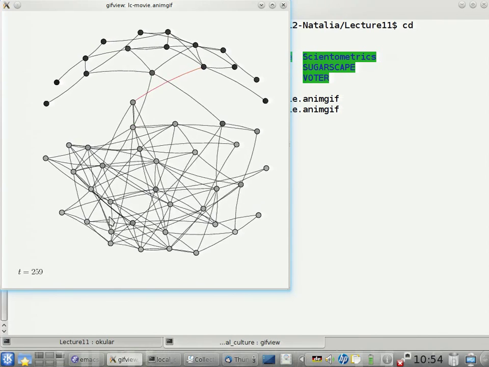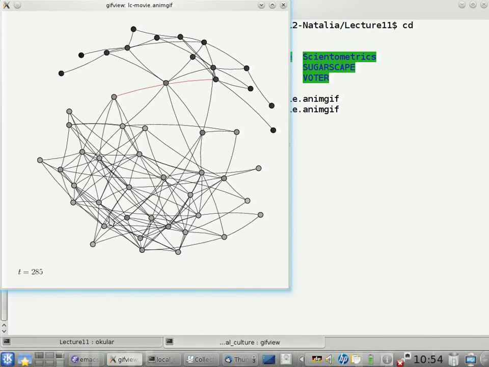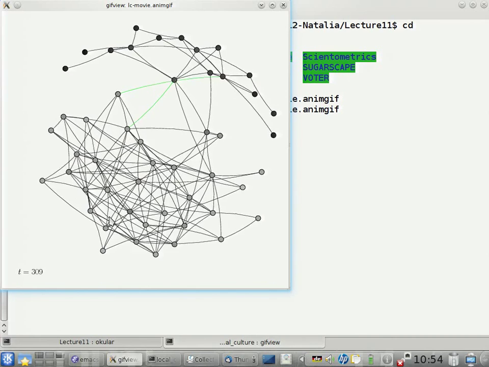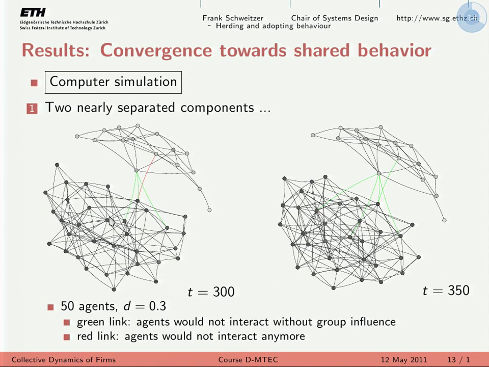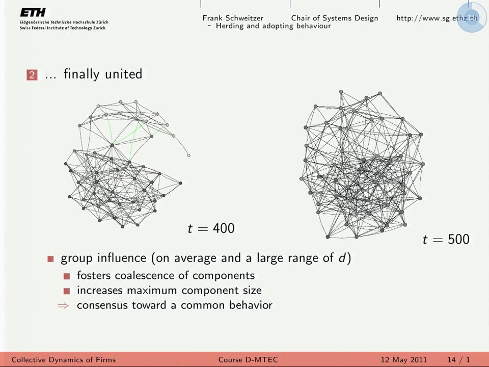Okay, let me just finish with this simulation. The nice result is already on this page. At a larger time step, we see that these two groups converge to each other, which is a very nice result because it tells us the role of the social network in finding a common culture in these simulations.